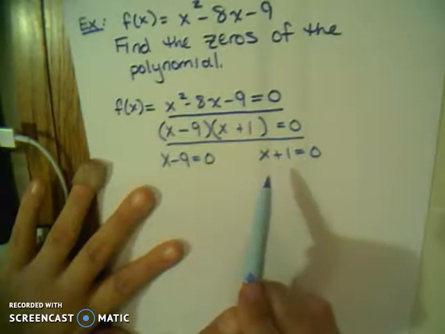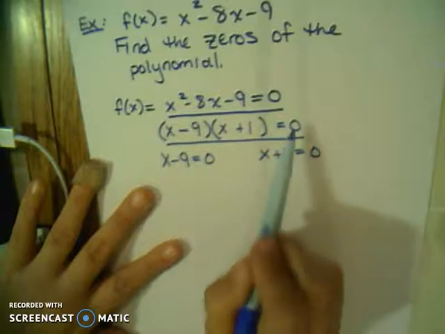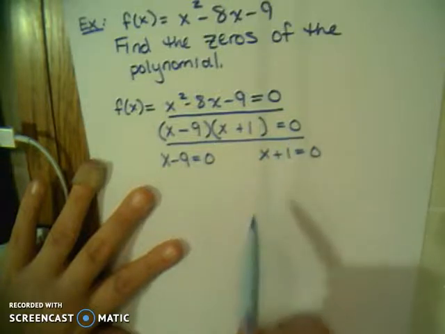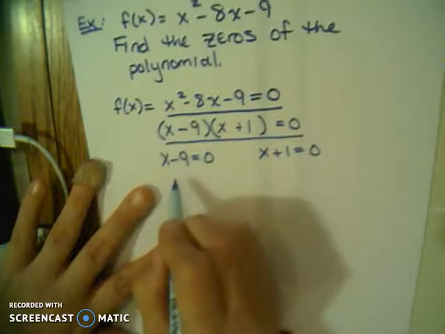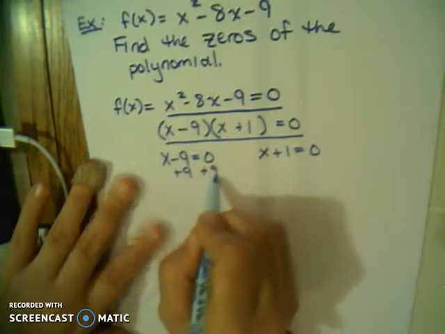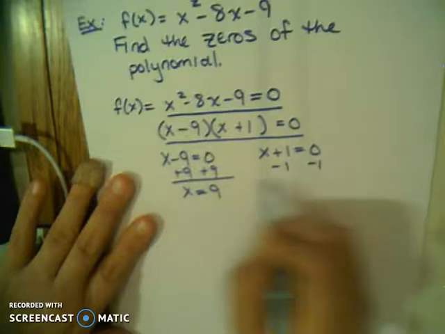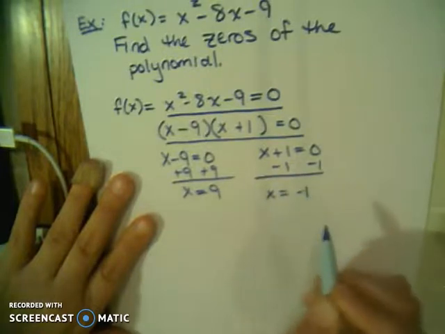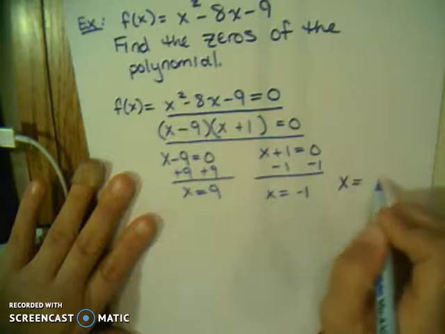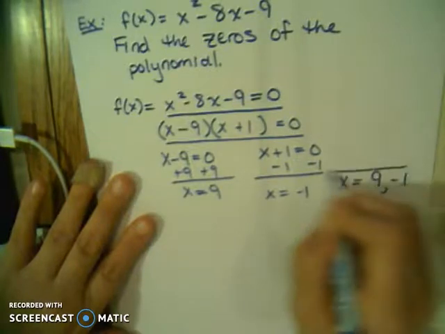Because that's not true, because 4 times 2 equals 8. This only works for 0. So now I can solve these separately just by moving my constant over. And we've got two zeros, +9 and -1.